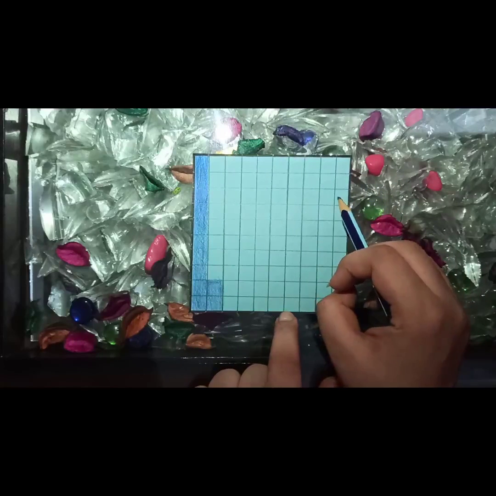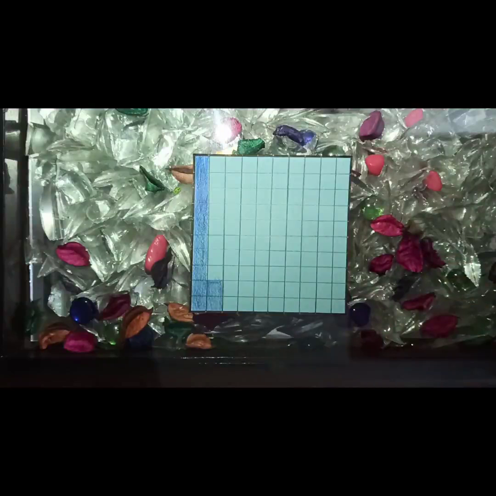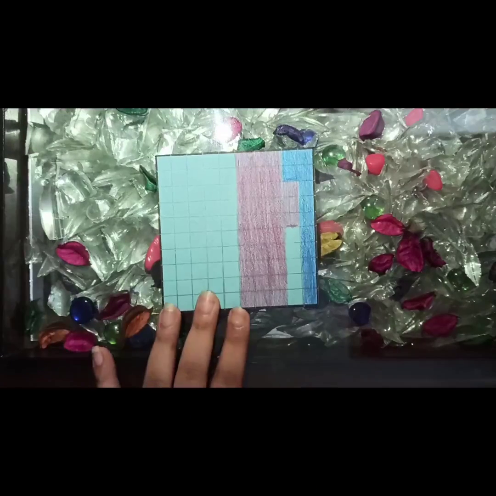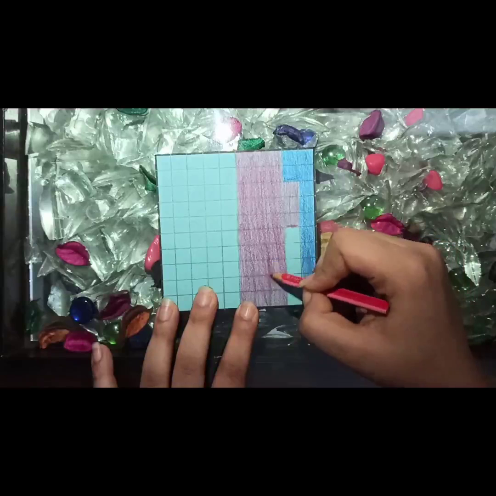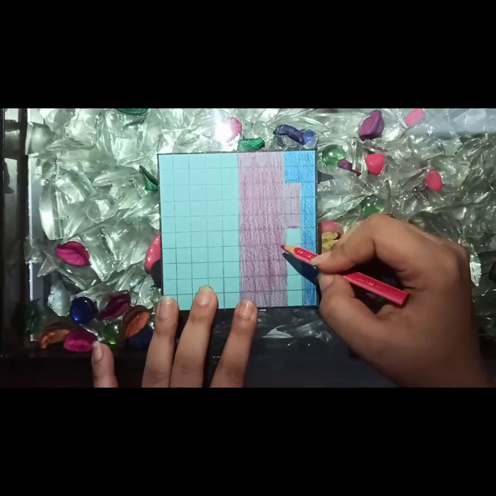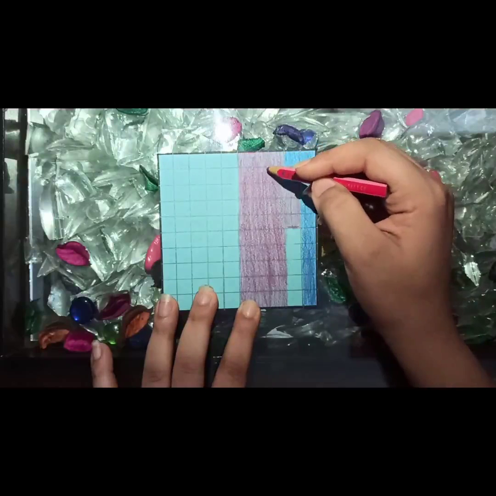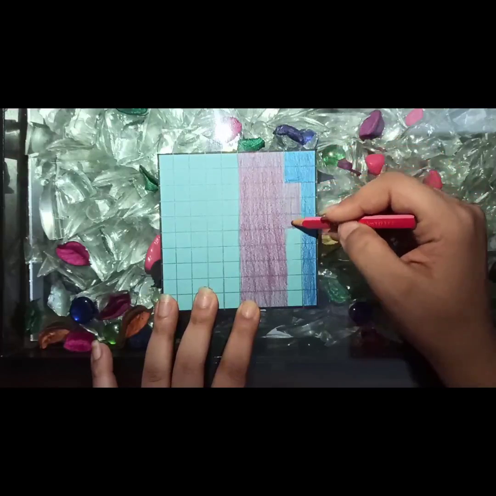Similarly, if I have to add another decimal to it, I'll now take 0.33, which means 3 lines and 3 boxes. So now I have completed shading my 0.33. What I've done is I have taken 3 lines, and the other 3 as 3 boxes.